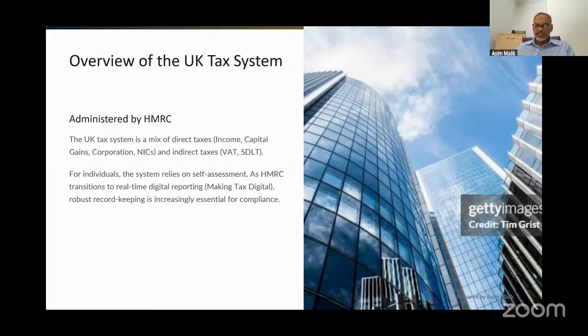Over the years, HMRC has developed different mechanisms to make information and tax collection efficient. The recent example is Making Tax Digital. It's similar to what was applied to VAT about 10 years ago, or Real Time Information, which started about 20 years ago, where you report information in a digital format.